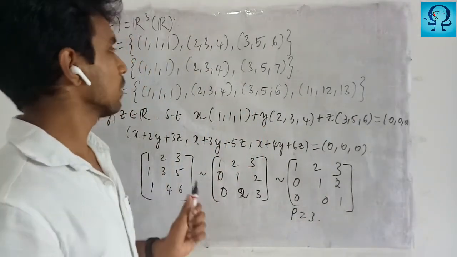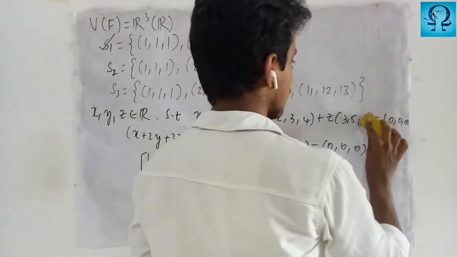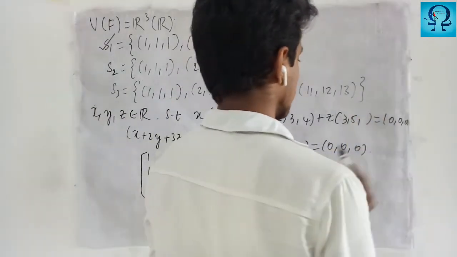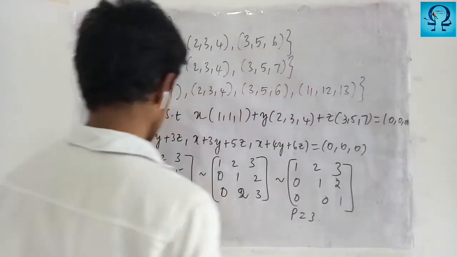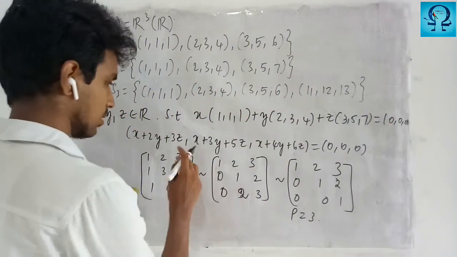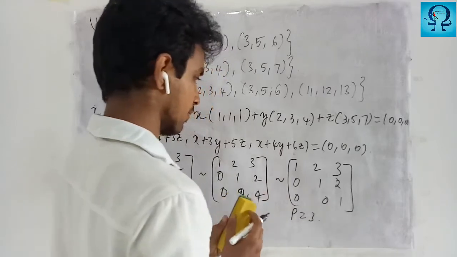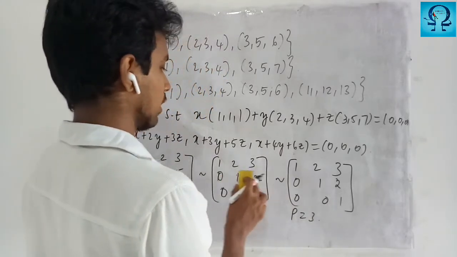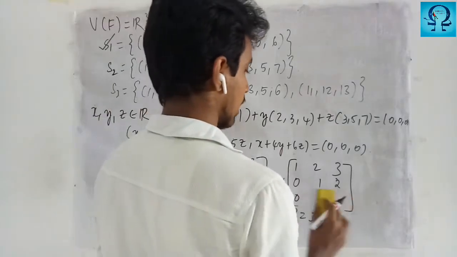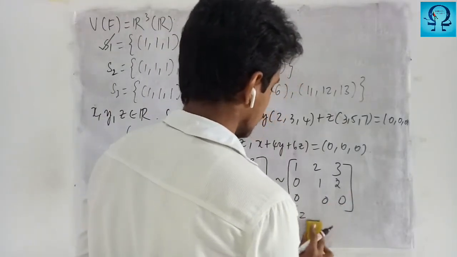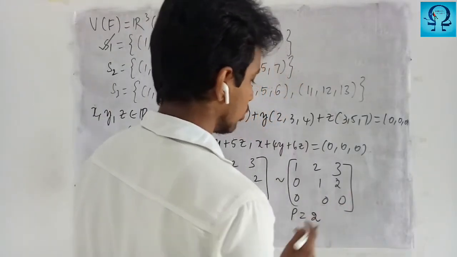What happens in the second? Instead of 6, we have 7 here. So when we have 7 here, it is the change that is happening. So it is 7 minus 3, which is going to be 4. And here you are just multiplying it by 2 and then subtracting it. So you have it to be 0, which means you are getting the rank to be 2.